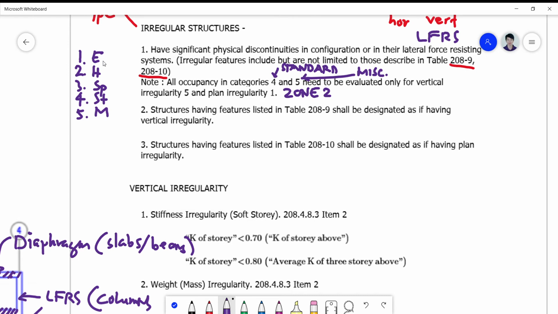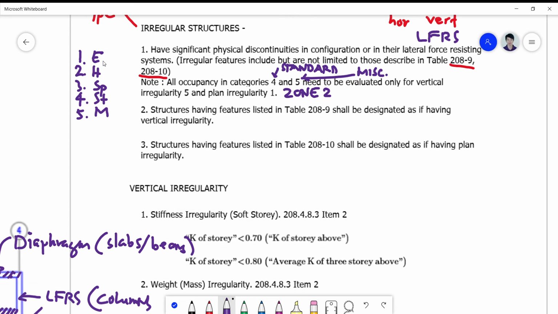And for special, there is a freedom to categorize which are special structures and which are not.